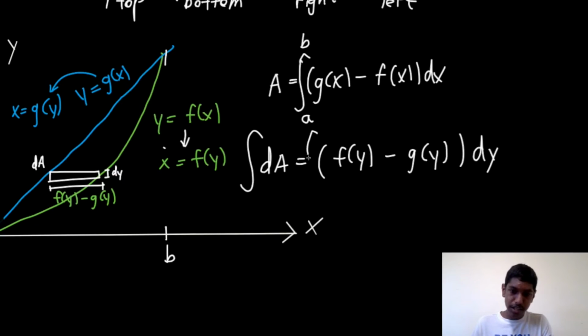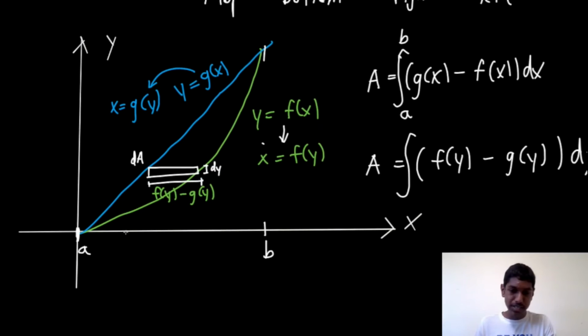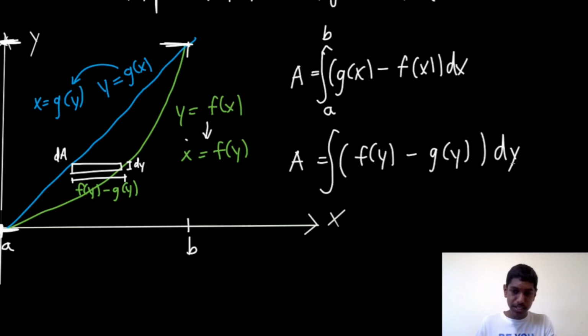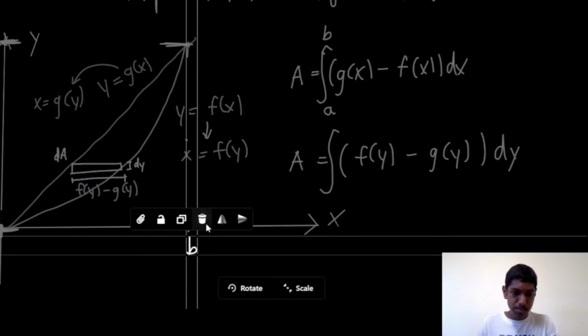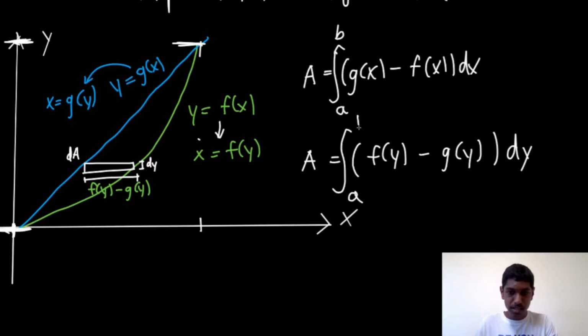Now we integrate, and we get the total area is equal to this integral. And just like last time, we do need to put bounds on here because it's a definite integral. And the bounds are going to be y coordinates instead of x coordinates because our variable of integration is y. Now, I'll remove this a and this b, and in this case, we're looking at y is a to b.